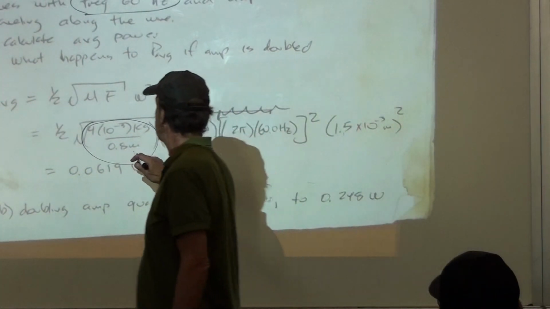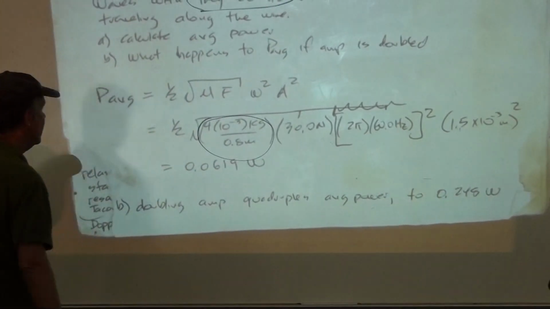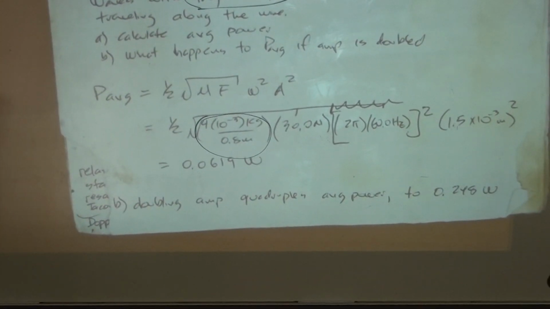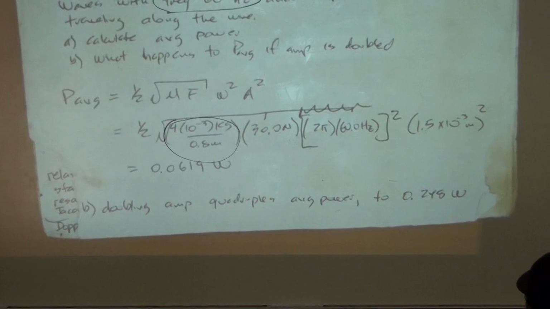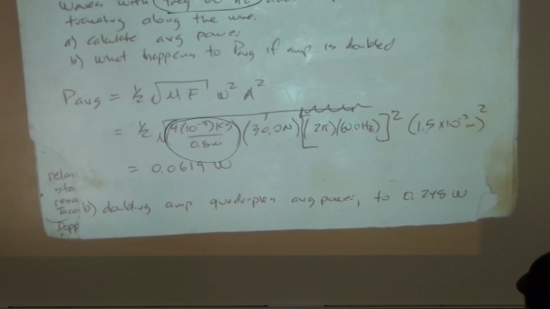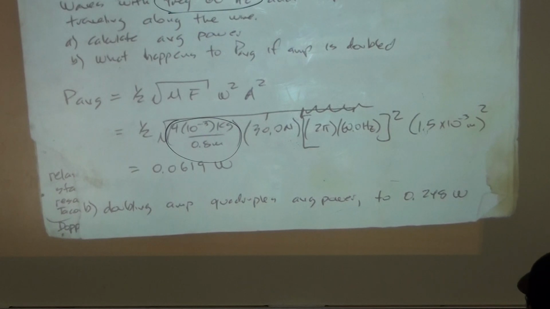So we crunch that number out, and we get 0.0619 watts. So that's 6/100ths of a joule per second. Essentially 0.062 joules per second of energy are being delivered from one end of the wire to the other.